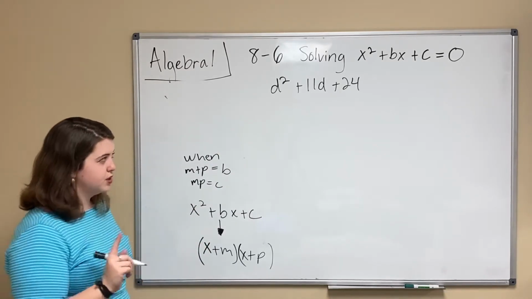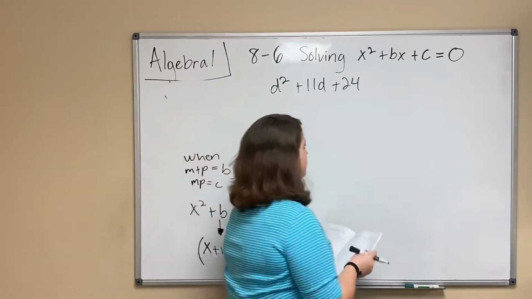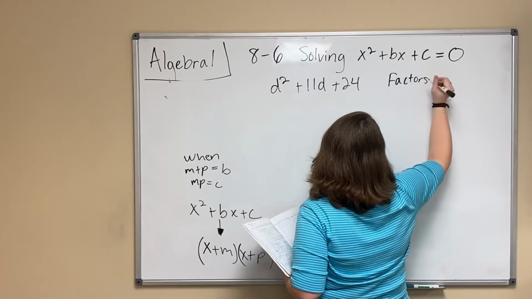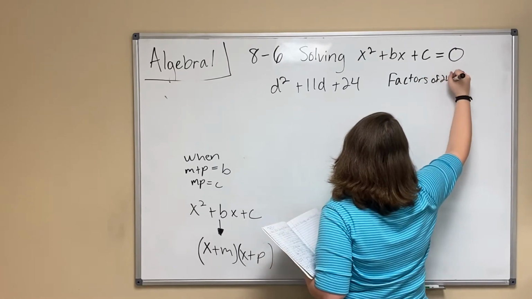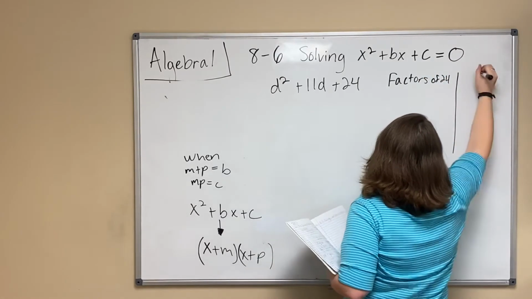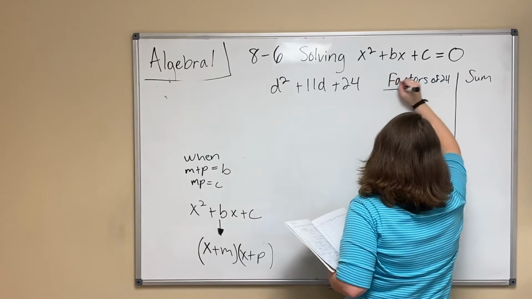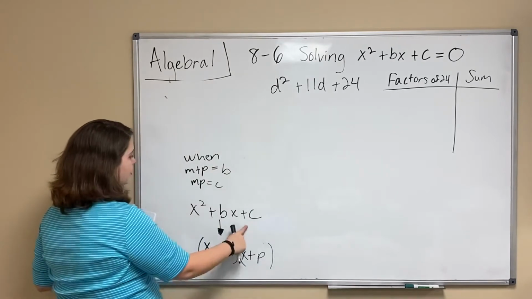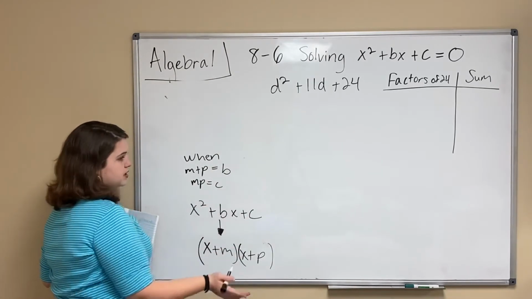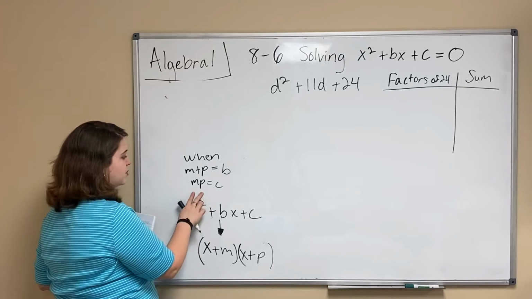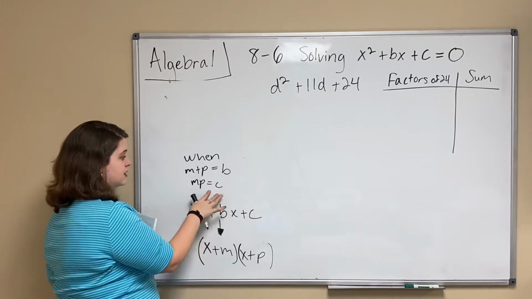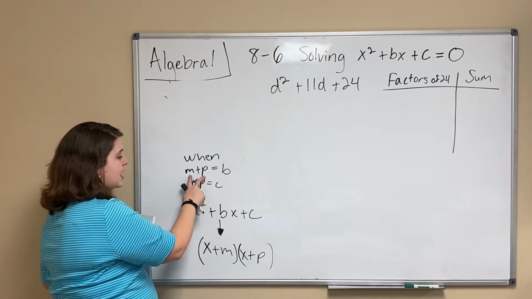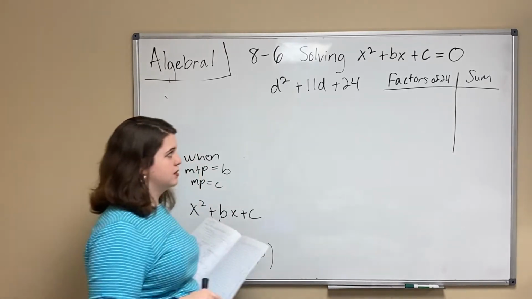So I'm going to make myself a little chart of the factors of 24 and then the sum of those two numbers. 24 is our c, and m times p has to equal c, so we're figuring out what two numbers multiplied together will give us c, and then we're going to choose which of those two numbers, when added together, give us b.